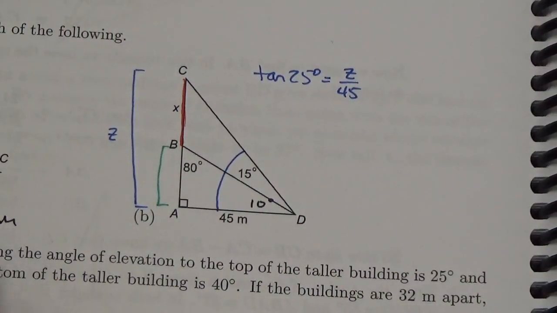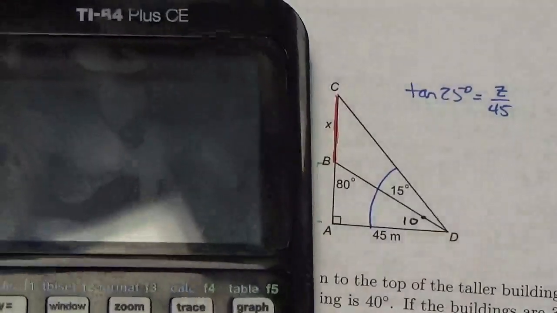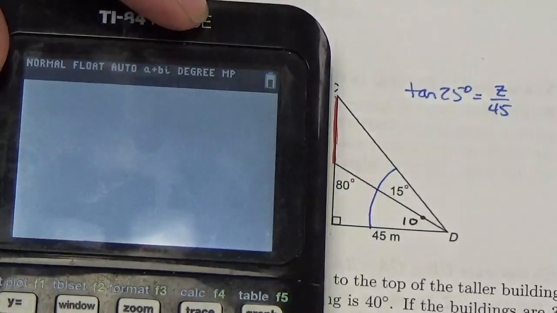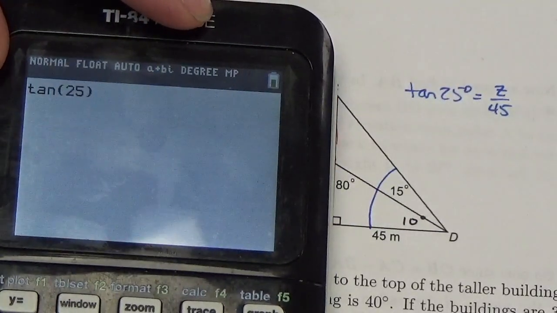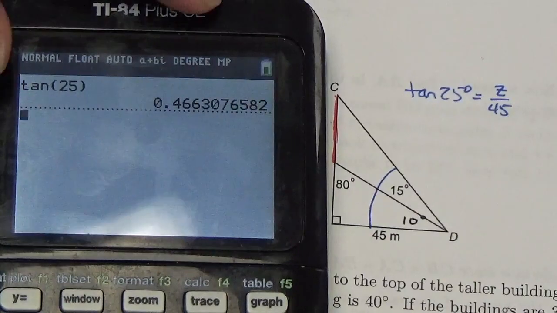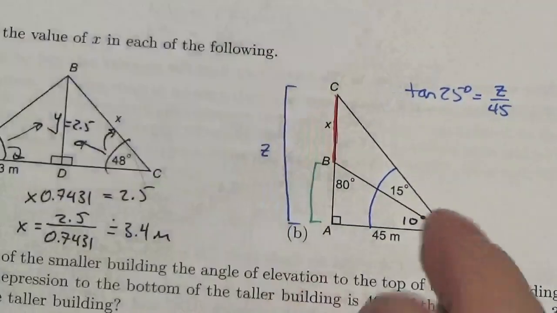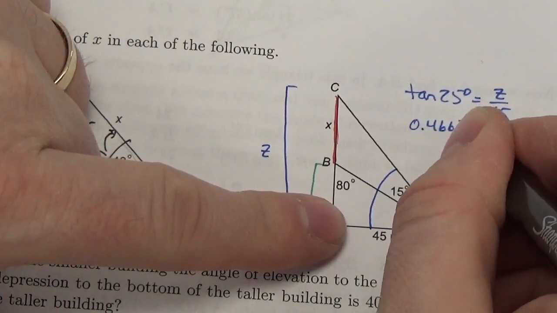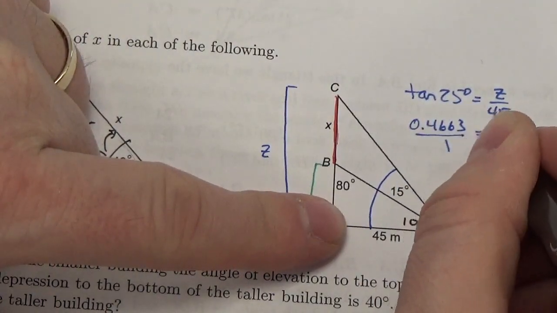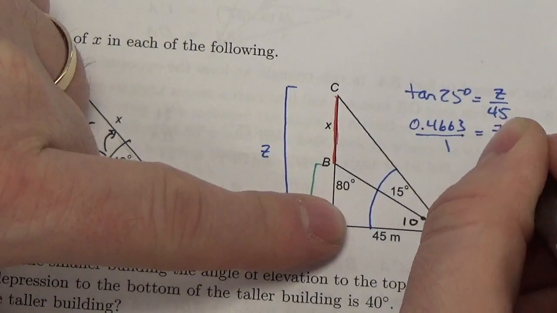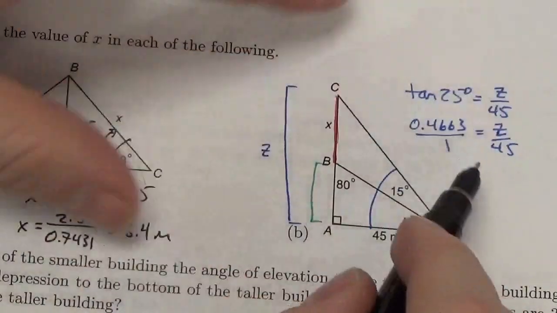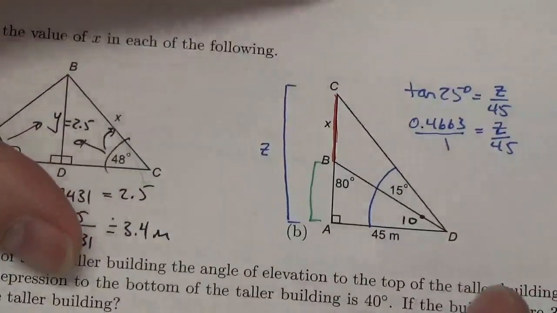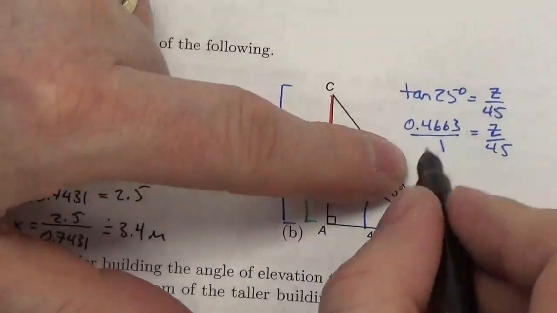Well, the calculator knows what the tangent of 25 is supposed to look like. Okay, the tangent of 25 should be 0.4663. So 0.4663, and I'm going to put that over 1, is equal to Z over 45. Now, we're going to cross multiply, but this is going to work out beautifully because it's going to be Z times 1.